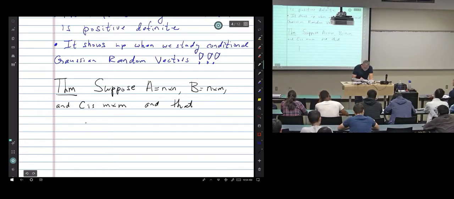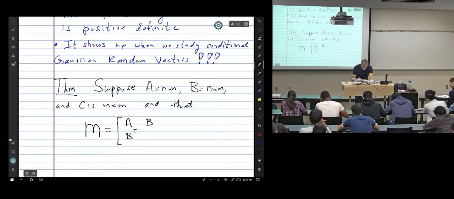Okay? Now I'm going to build a matrix out of these matrices. I'm going to put A here, B here, B transpose, and C. I'm going to suppose that this matrix M is symmetric.